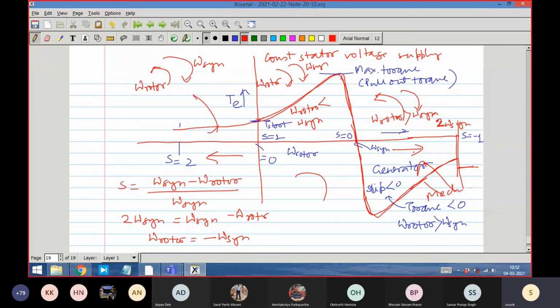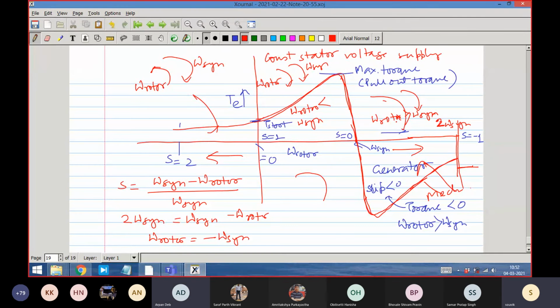That means rotor speed is more than the synchronous speed, so the direction should be the same. I'm sorry, I said it wrongly. It is in the same direction, but at more speed.